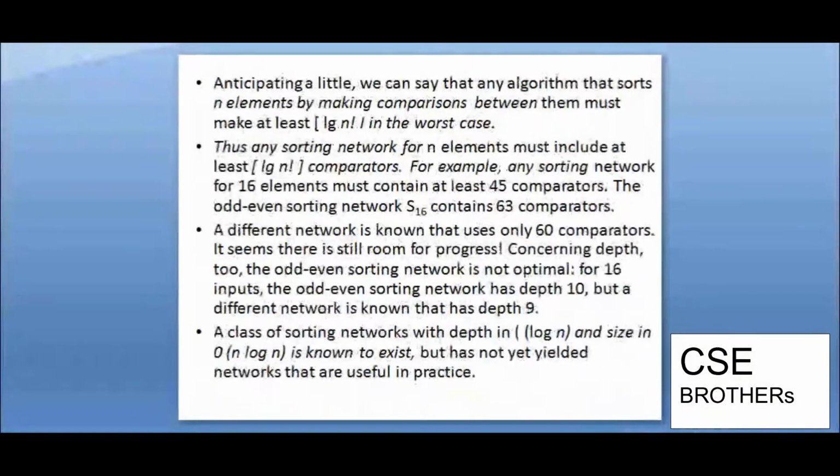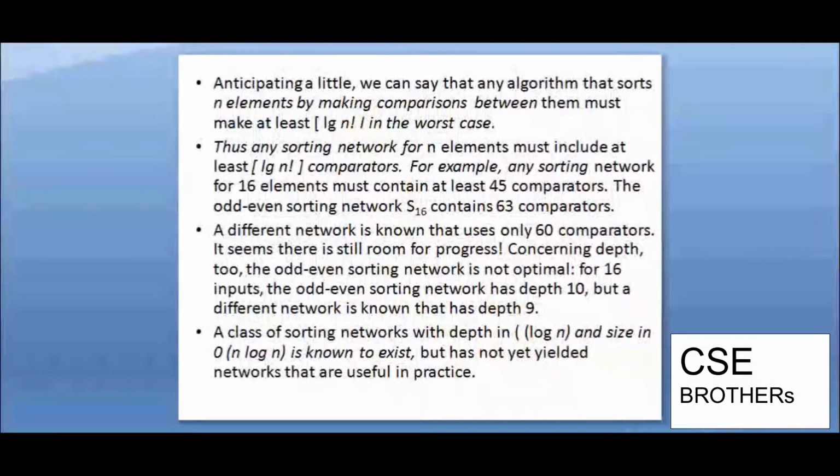If an algorithm has to sort n elements, making comparisons must take at least log n factorial in the worst case. Thus the sorting network for n elements must include at least log n comparators.